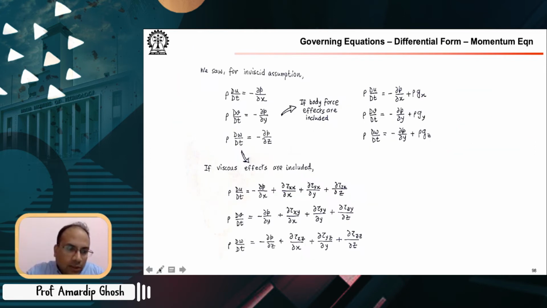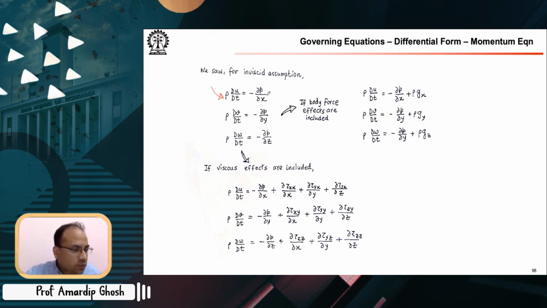So if you use just the pressure terms and not the viscous forces due to viscous effects, then we saw that you get the Euler equations. These are the force and the product of mass into acceleration when we are not considering body forces or viscous forces.